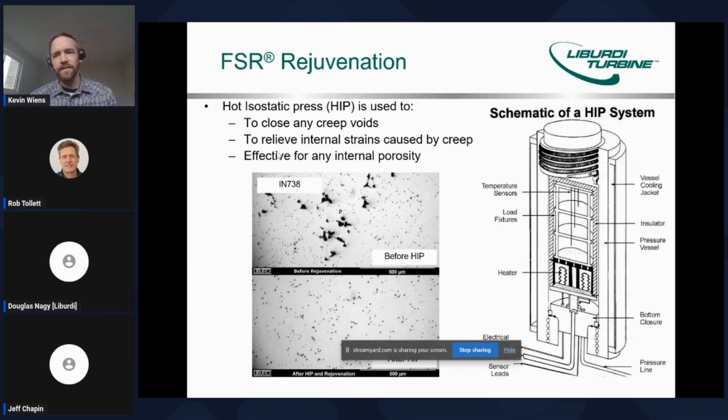But what it also does, which is important for service run components, is it can also collapse creep voids that have developed in the material. So one of the outcomes of high temperature exposure at high stress is not only the overaging of the structure, but the formation of internal cavities in the part. And so the hot isostatic press consolidates that and truly allows you to get back to the original state of the material.